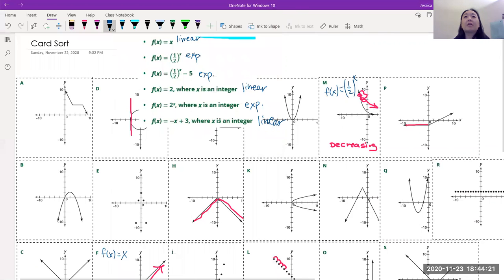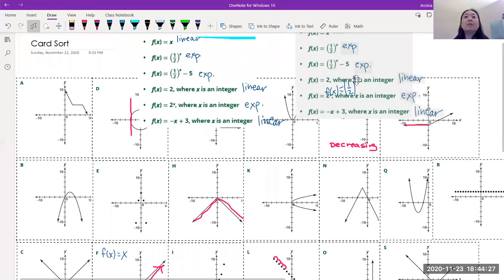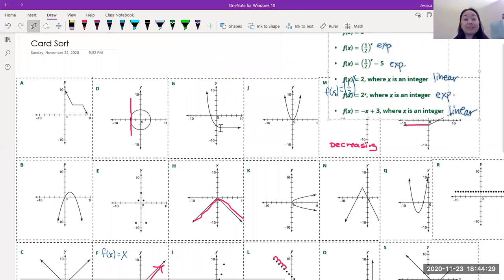And so if we go over here, we have to ask ourselves, well, what is that? Let me move this guy over here. There it is. It was hiding. Okay, so this one is going to be it. So this is f of x, and this is going to be 1/2 to the x power minus 5.